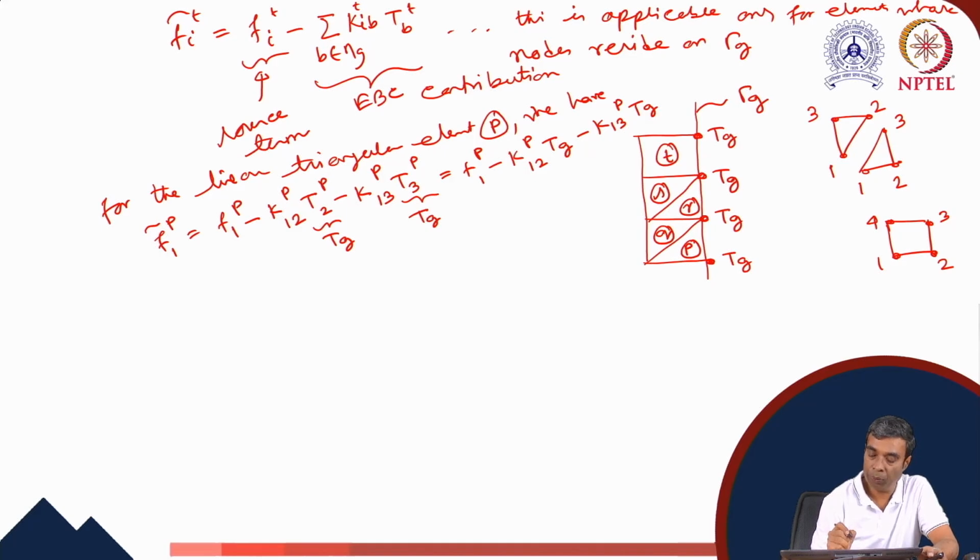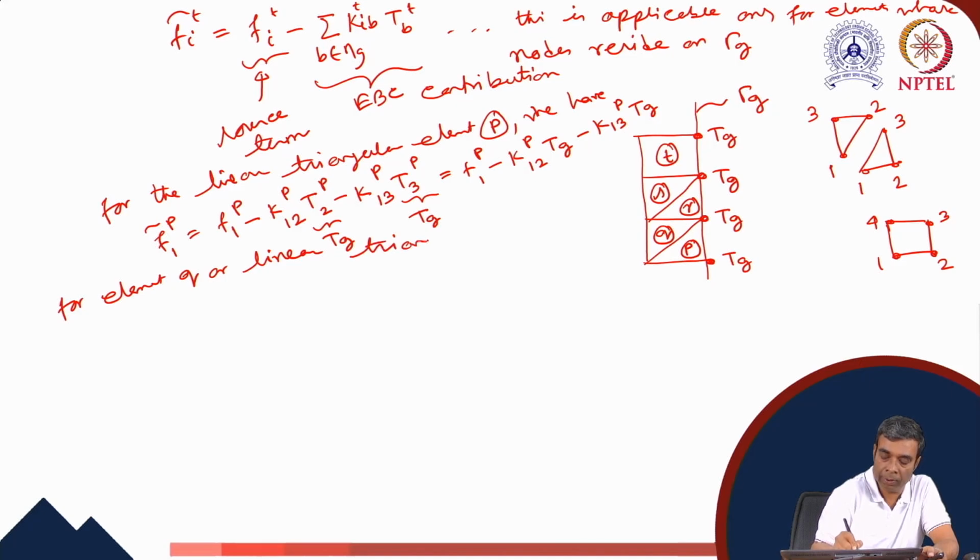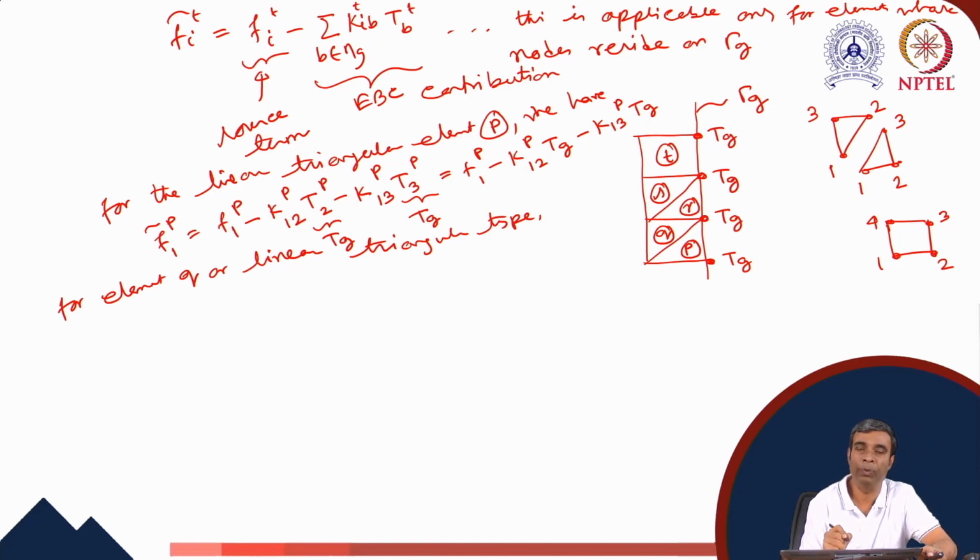Now if we go for element Q, for element Q of linear triangular type, we have local node 2 on the boundary. Therefore, F1Q and F3Q will be updated.